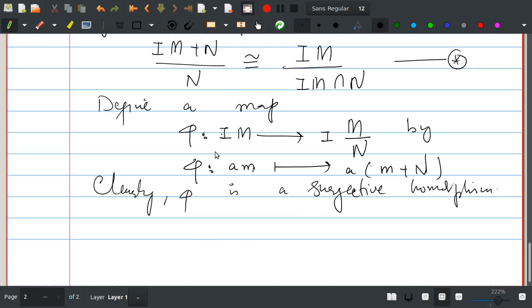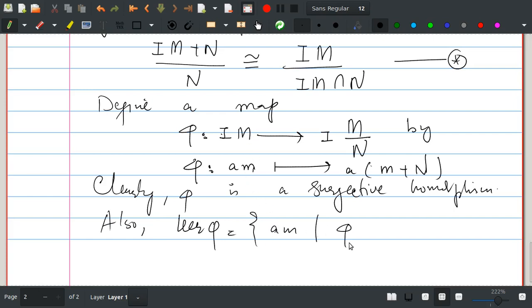Now let us exhibit the kernel of phi. Also, the kernel of phi is the set of all those elements in IM for which phi of am is actually the identity here, the zero element, which is N. So let us rewrite this.